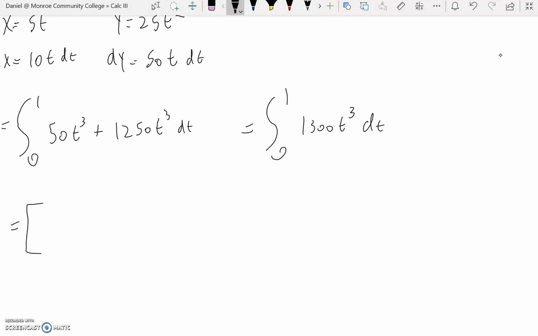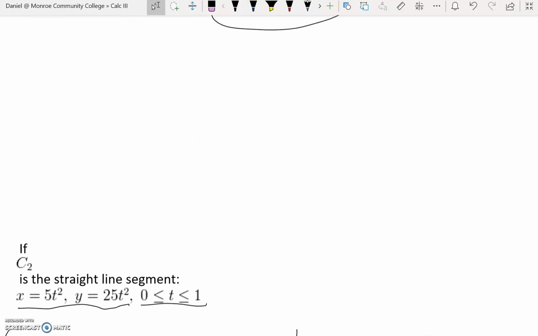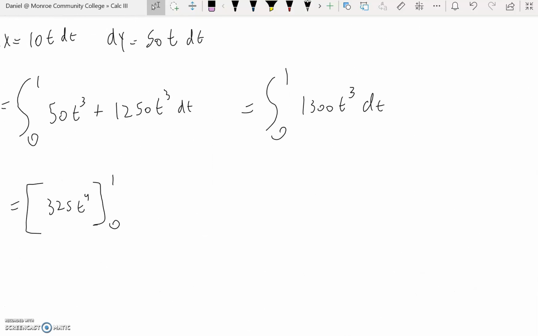We get 1300 divided by 4, which is 325, so 325t to the fourth from 0 to 1. It looks pretty similar to our last value. After we do it, we don't have to worry about the 0, and anything to the power of 1 is just 1. So we get 325 units of work.